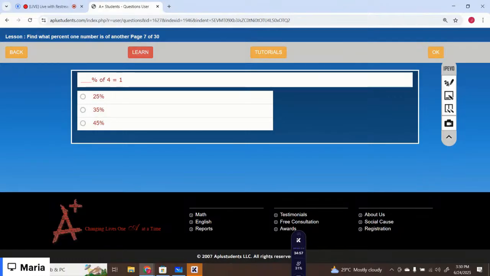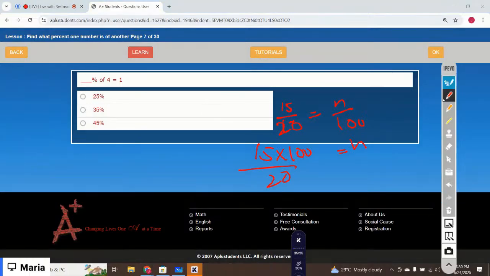So which is the correct option? So what's the whole number?